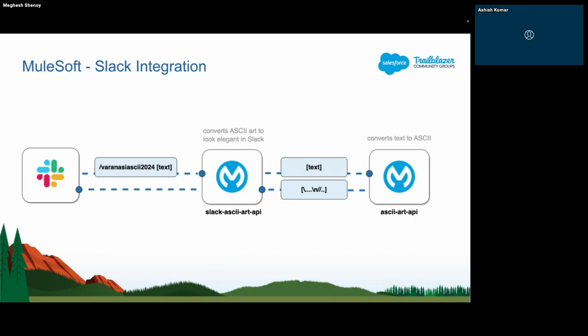The end goal is to provide reusability of the assets that we create. Now if I had integrated the ASCII art solution into my Slack ASCII art API, it would have been difficult to reuse it elsewhere, right? For that reason, I have created a separate API altogether, which Slack would converse with back and forth, right?